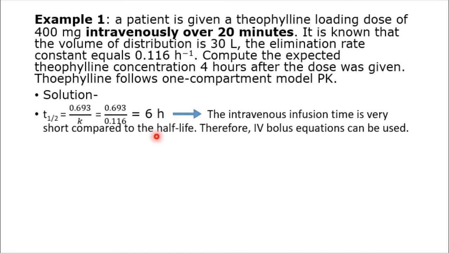Okay, for the solution we should calculate the half-life. The half-life can be calculated by dividing 0.693 over the elimination rate constant. Then the result will be 6 hours. You can see here that the drug was intravenously infused over 20 minutes.